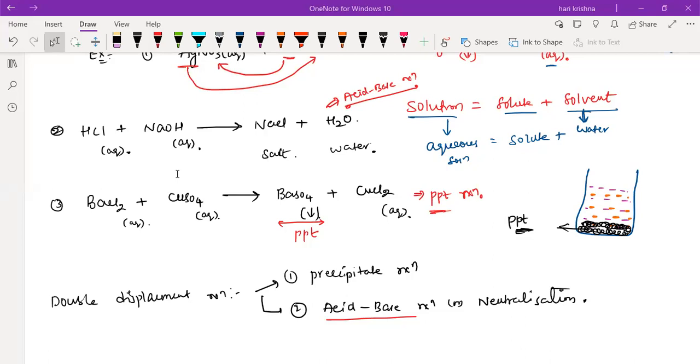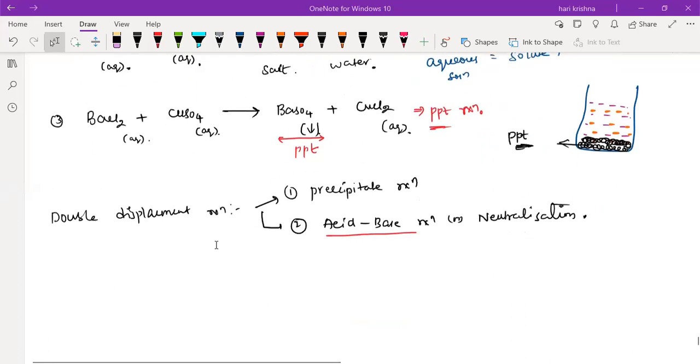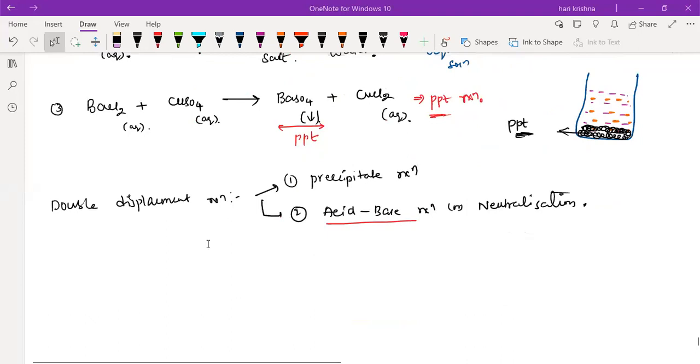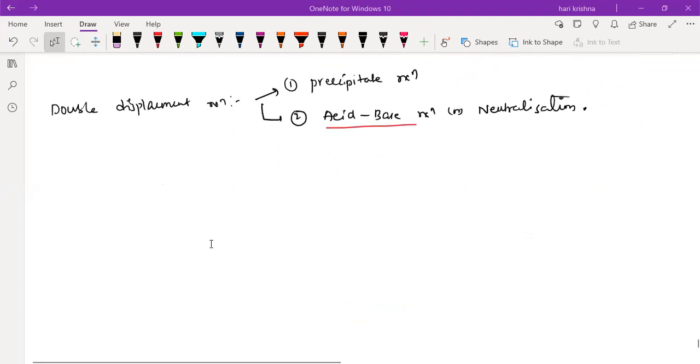Fine. Shall we go to the next topic? Yes, sir. Okay, just try this equation. I will write the word equation here, then you have to give the answer as a symbol equation.